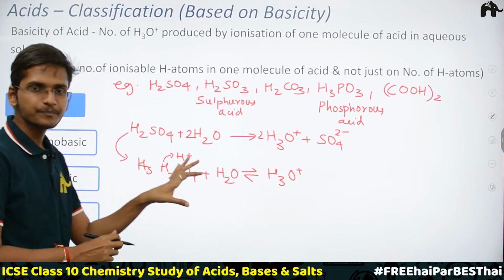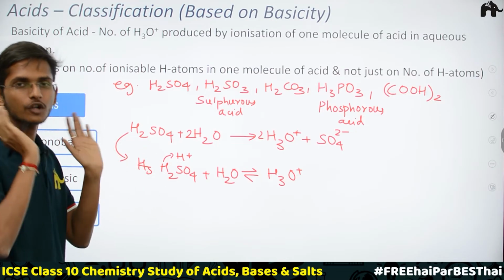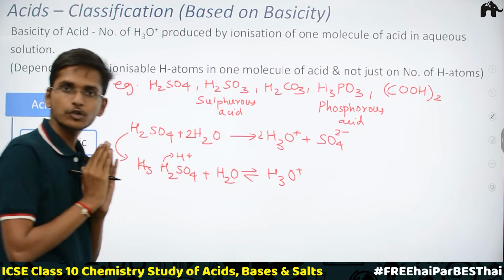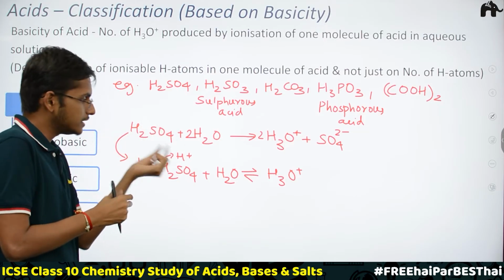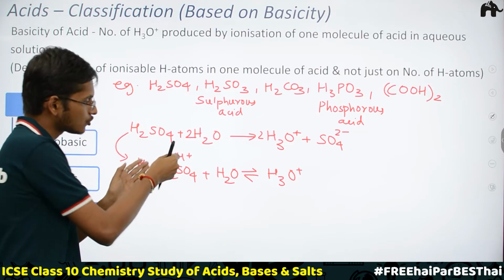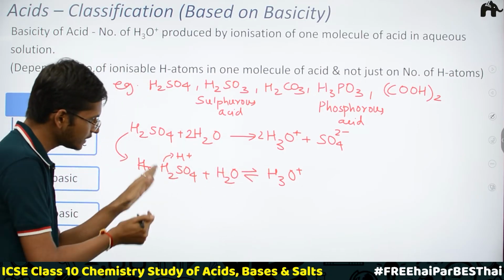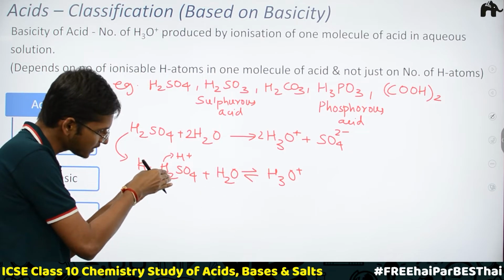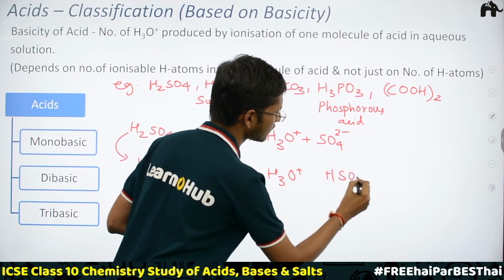It is very easy to write the ionization equations; you just have to apply the logic. Now what is remaining? One H is gone, so 1 H and SO4 are remaining.